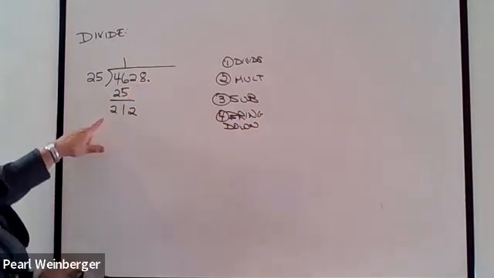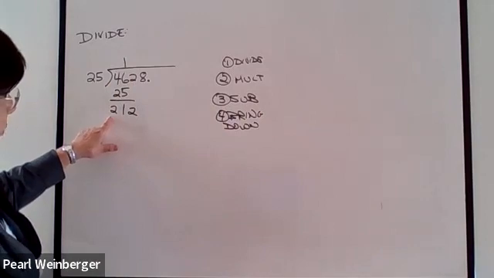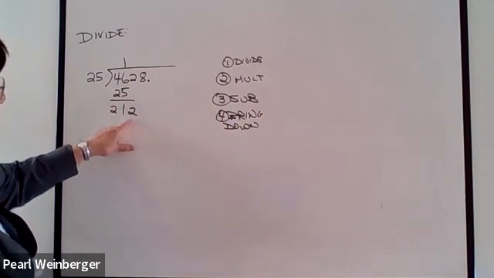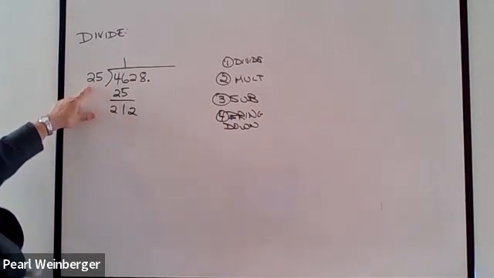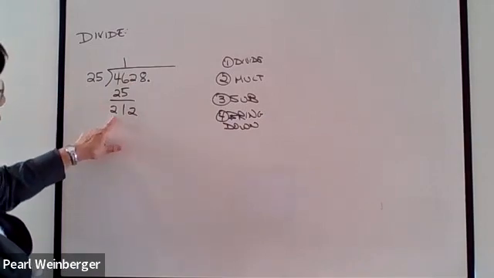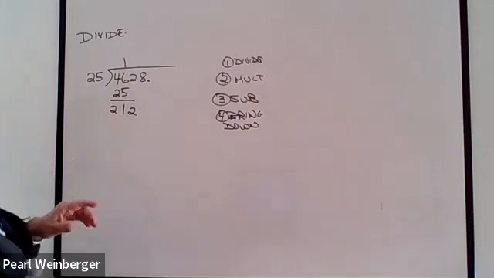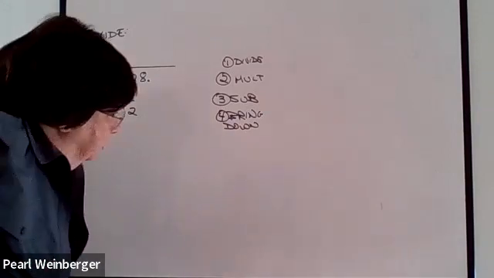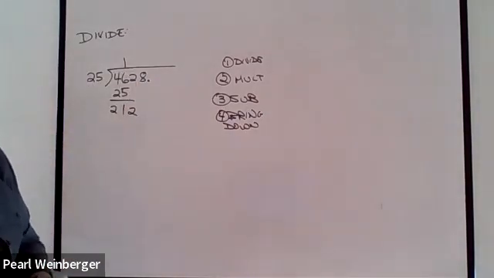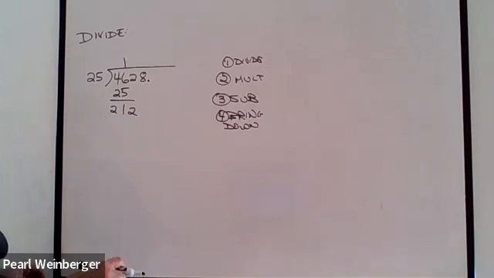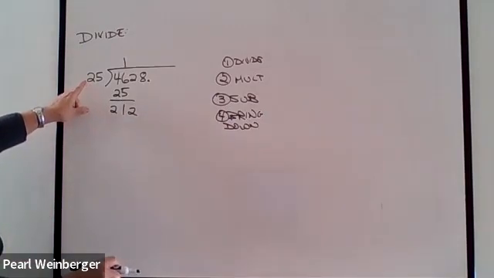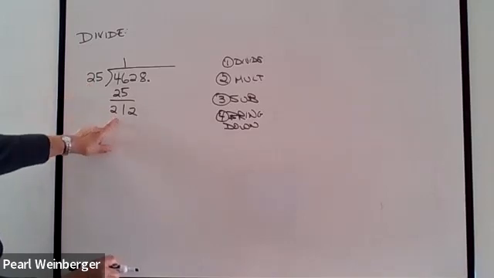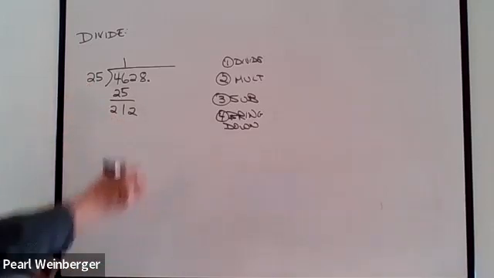So now I have 212. I am now going to divide the 25 into the 212. Well, you can use your calculator to do this a little bit, but the largest number of times that 25 can go into 212, I think, is 8.